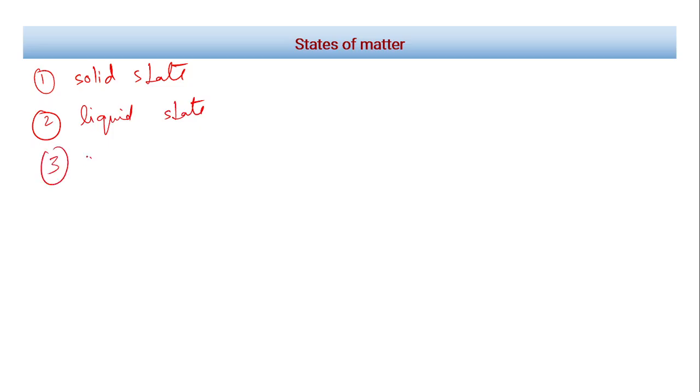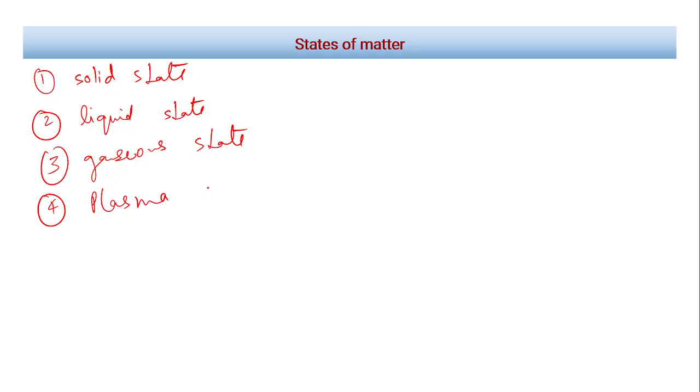Third, the gaseous state, vapor state or gaseous state. These are the very common states of matter we see always around us. The other two are not so common.